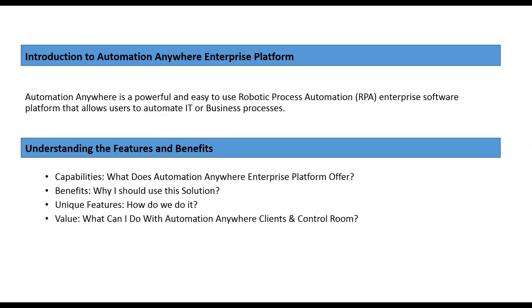With the help of the IQ Bot component, you can scan it with the inbuilt OCR engine, train it to read and extract all the invoice data, and then simultaneously paste it into the next level of processing, wherein you'll be posting your invoice on an SAP. So there are various applications and service lines wherein you can apply your RPA solution. These service lines range from finance to healthcare to IT to even infrastructure and telecom.